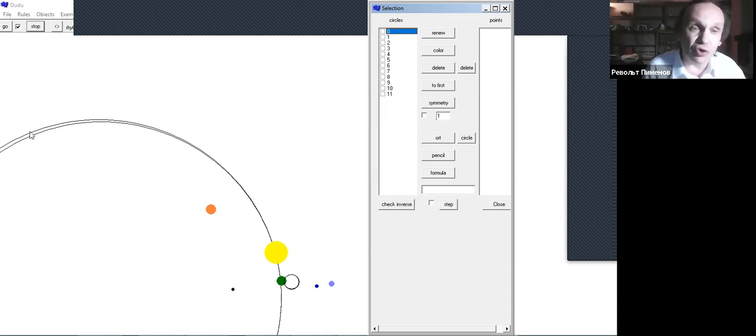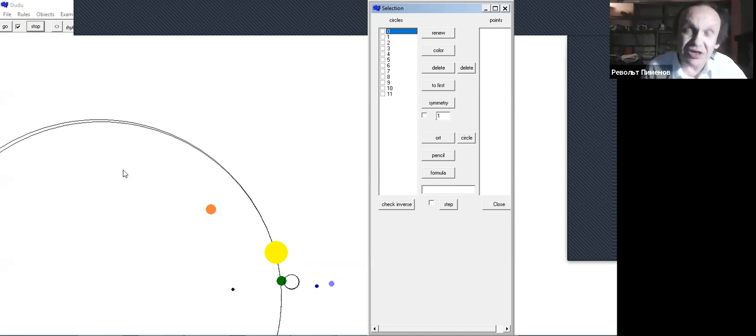All these two circles are orthogonal to the Sun, and for this reason the Sun is unmoved. And these small dark circles are the circles about which the Moon moves.